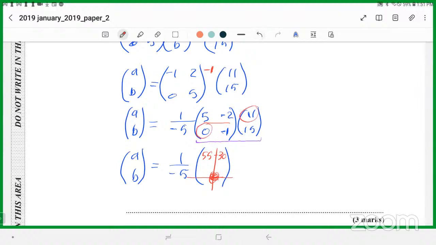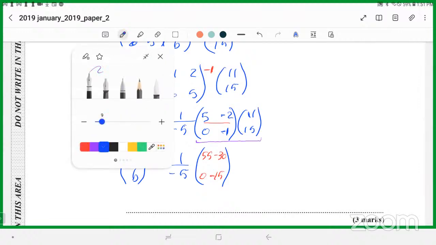Ready now? 0 times 11 minus 1 times 15. 0 times 11 is 0. Minus 1 times 15 is -15.